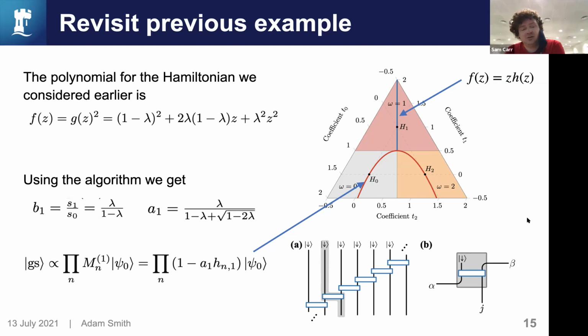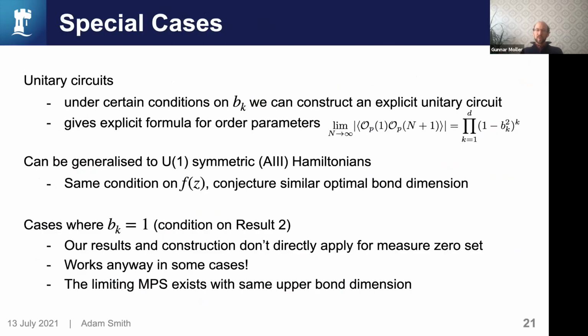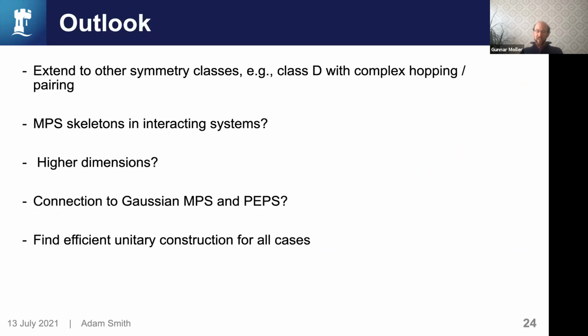I have another question on your outlook, if you're happy to talk about that. Could you explain what the connection to Gaussian MPS is here? When we were writing this, we became aware of some work by others, particularly Norbert Schuh, who had conditions that looked very similar to ours, but from quite a different language.